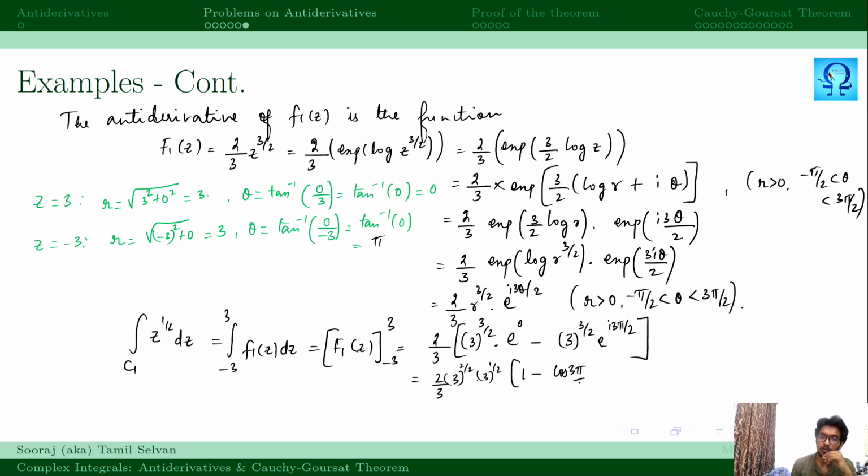Cosine 3 pi by 2 plus iota times sine 3 pi by 2. So this and this get cancelled, so you have 2 under root 3, and cosine 3 pi by 2 is 0, and sine 3 pi by 2 is minus 1, therefore you are going to get 1 plus iota. We have found this quantity.